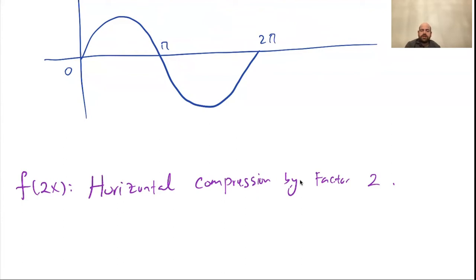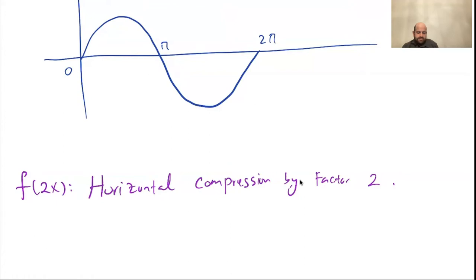So the transformation on the x-axis is counterintuitive, meaning it's the opposite of what you would expect. Because it's multiplying by 2, you might expect a stretch, but it's a horizontal compression by factor 2.